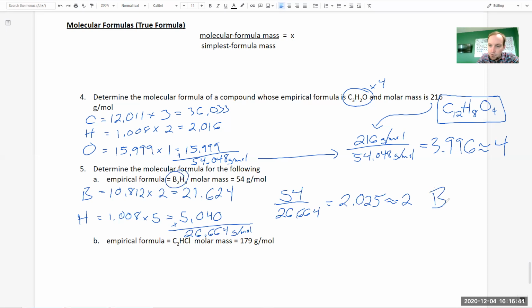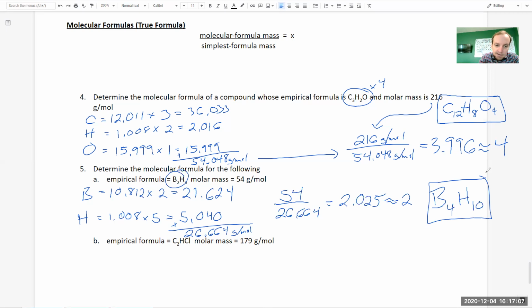So instead of B2, it's now B4. Instead of H5, it is now H10. That is my final answer. That is the empirical formula, B2H5, multiplied up double, because the ratio of the molar mass of the molecular to the molar mass of the empirical is twice as big.